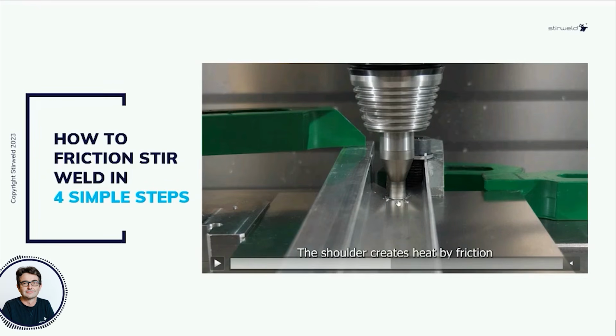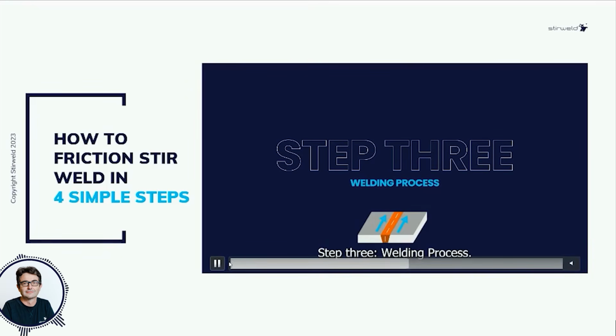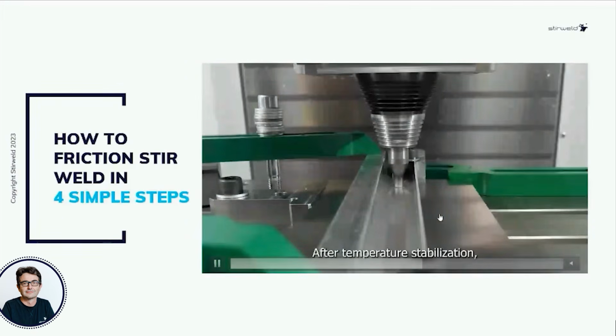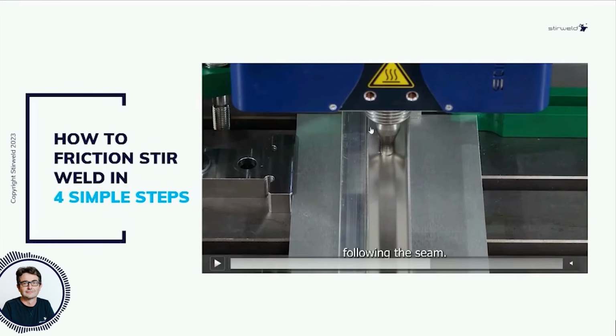When the shoulder touches this surface, the CNC starts the movement along the weld path. As you can see, the tool rotates on itself, and thanks to this movement, we mix the parts together.